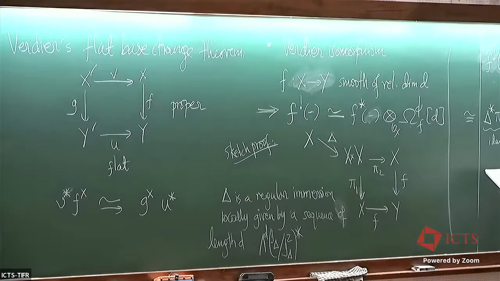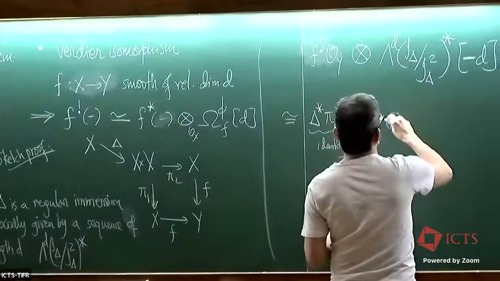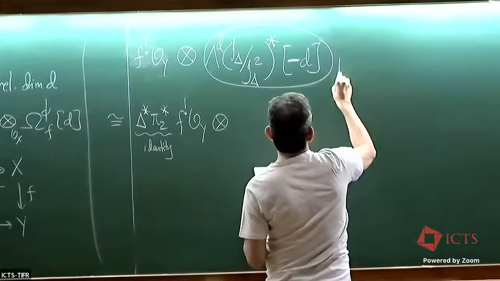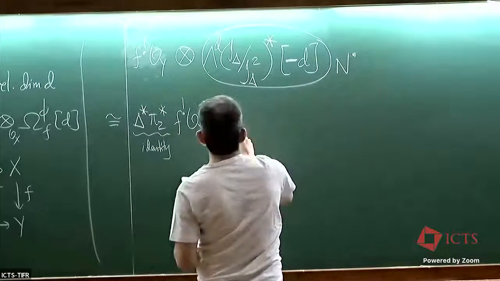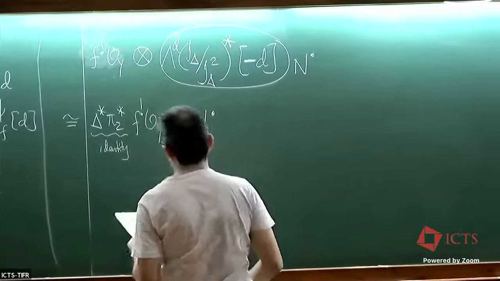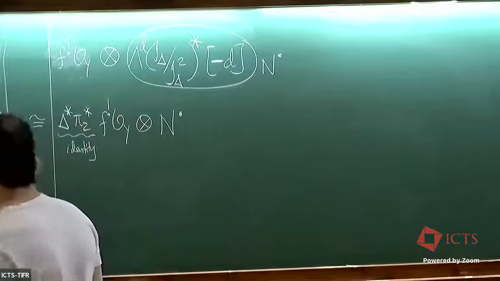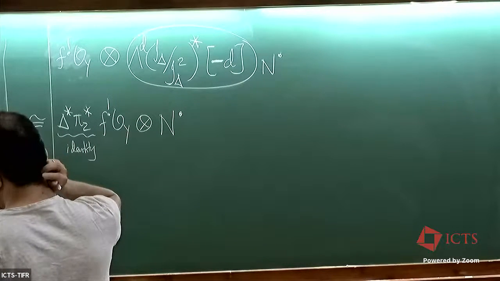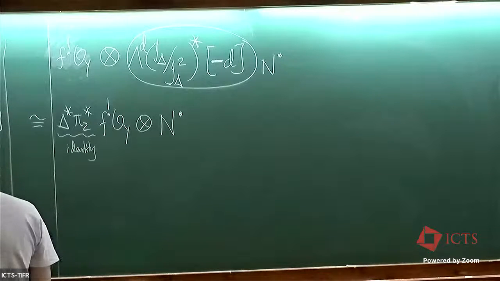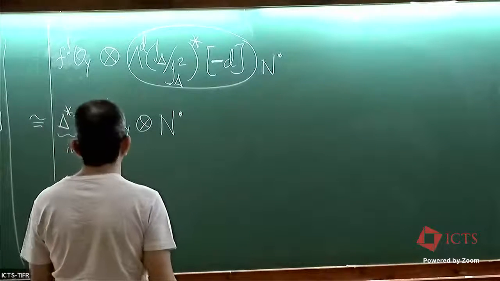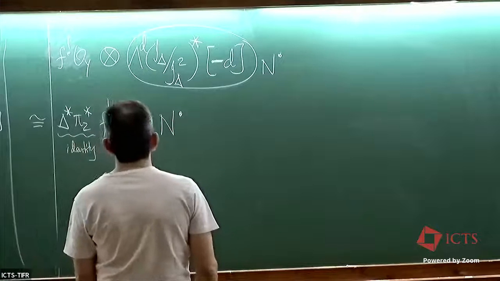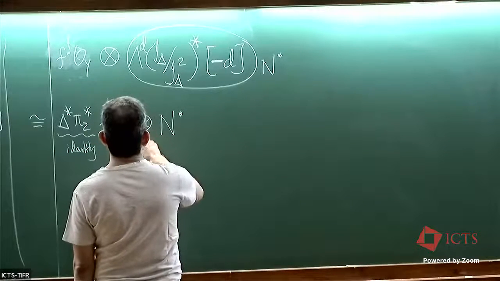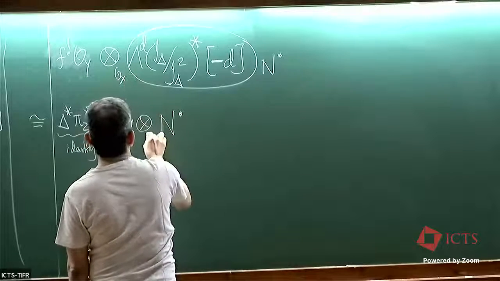So we have f shriek O_Y tensored with, maybe one should give a simpler name to this, so let's call this N dot, the exterior power of the normal module. And so this is f shriek O_Y tensored with O_X.